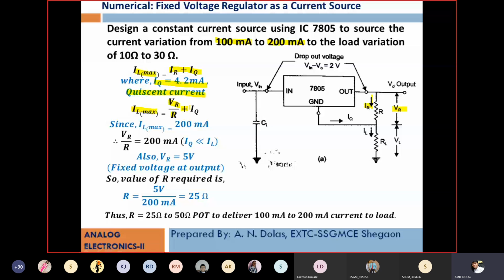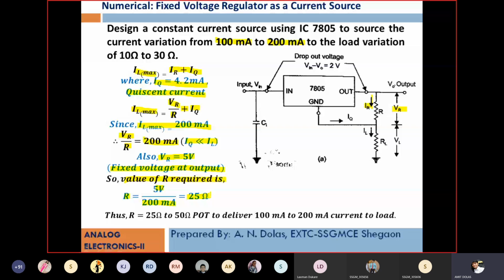As IQ is neglected here, being very small compared to IL, and IL max is 200 milliampere, we have VR by R equal to 200 milliampere. Very simple, it is just Ohm's law. And we know VR is 5 volt as the fixed voltage regulator is 7805. Therefore, calculating the value of R is equal to 5 divided by 200 milliampere, that is nothing but 25 ohm.